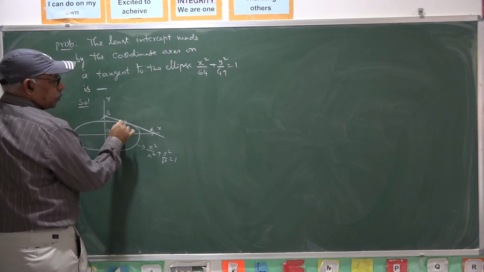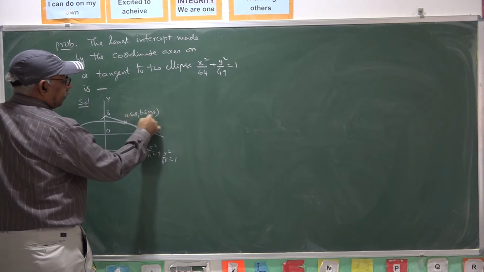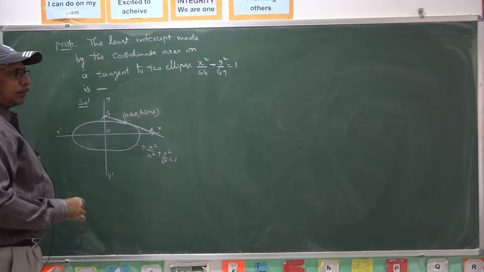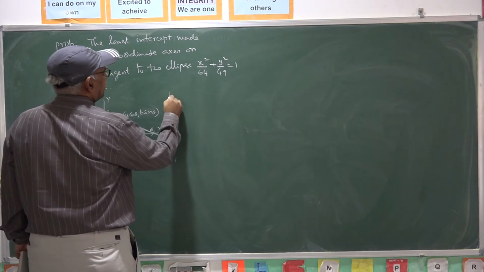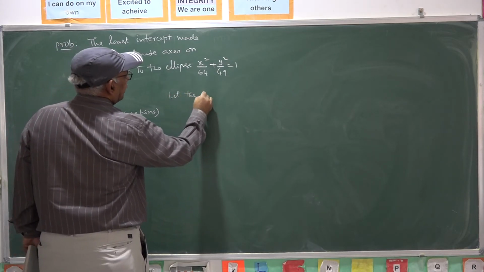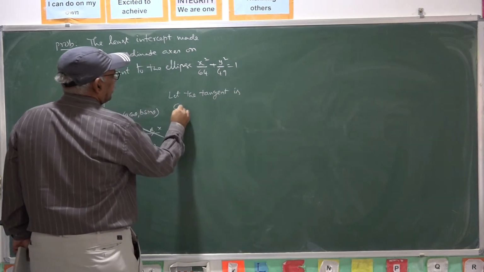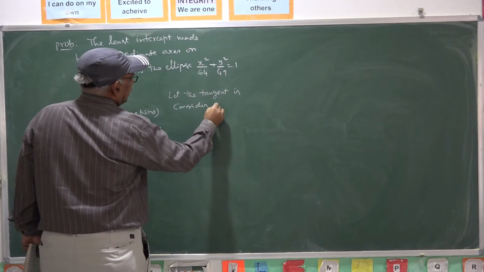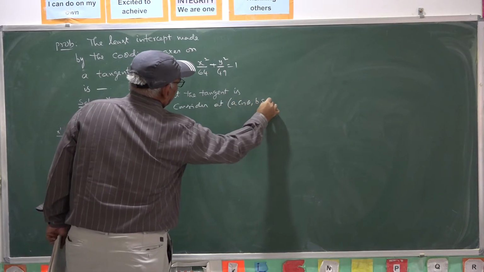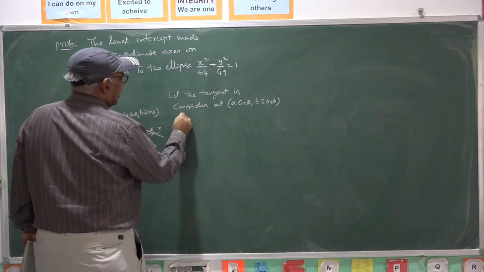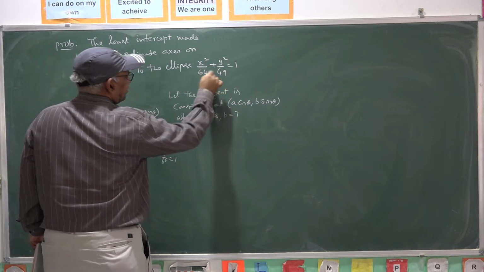Let us suppose the point is a cos theta, b sin theta. So, let the tangent be considered at a cos theta, b sin theta, where here a equal to 8, b equal to 7.